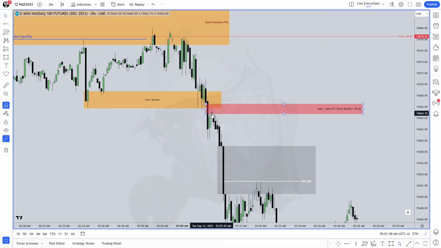Now, right at that candle at 3:07 and 30 seconds, what's actually occurring there? The market leaves that 5-minute breaker, and it bumps into the inversion fair value gap and the 5-minute breaker right on that candle. And more specifically, it's going right into the gap between this candle's low and this candle's high right there. That right there is your London session ICT bearish silver bullet.